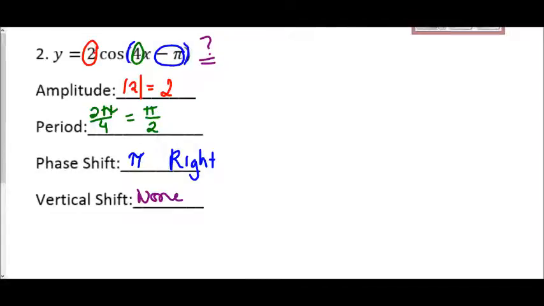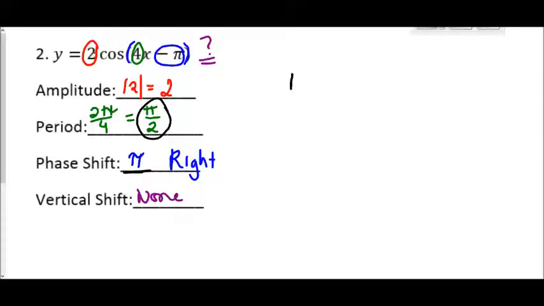There are a couple of things that we need to take into consideration when we're doing this. We have to make our x and y axis, but there are 2 things. First, the period is pi over 2, but then it's going to shift to the right pi, okay?